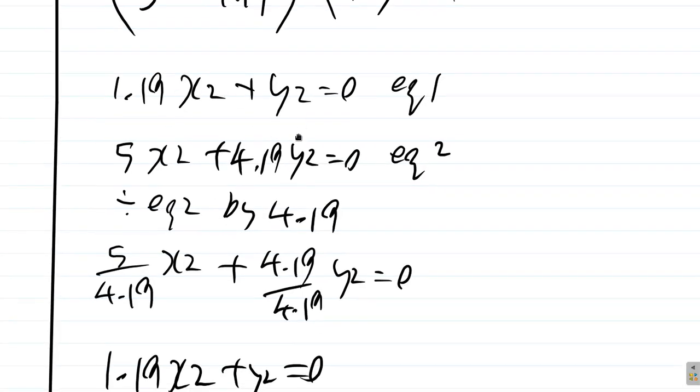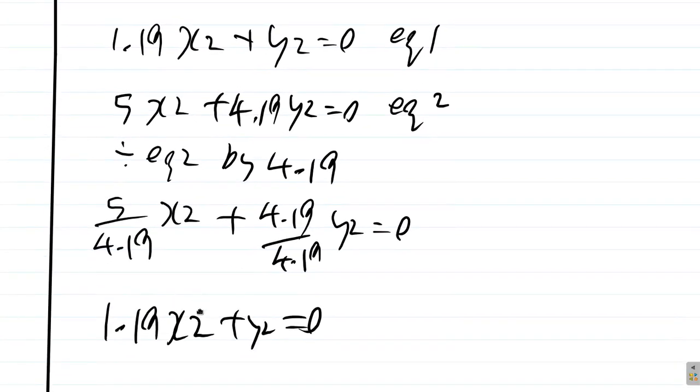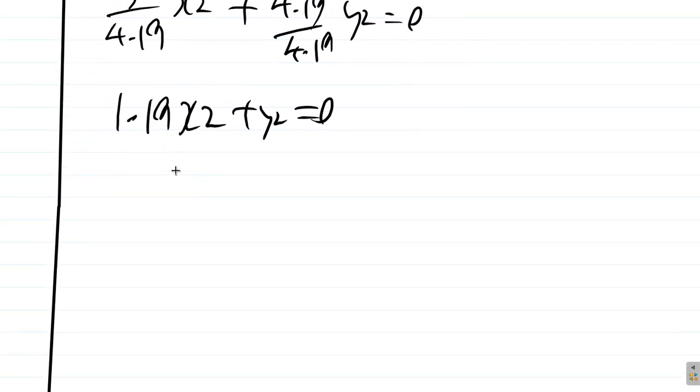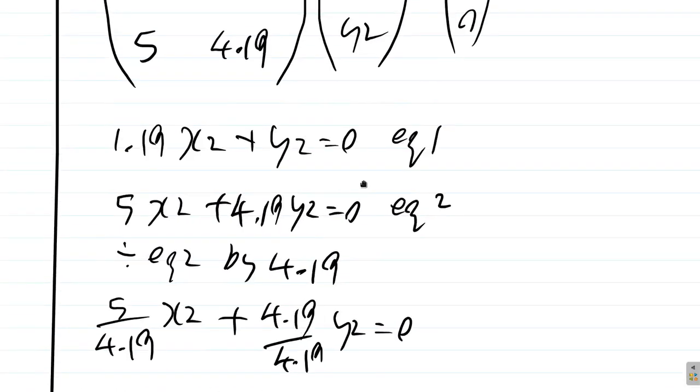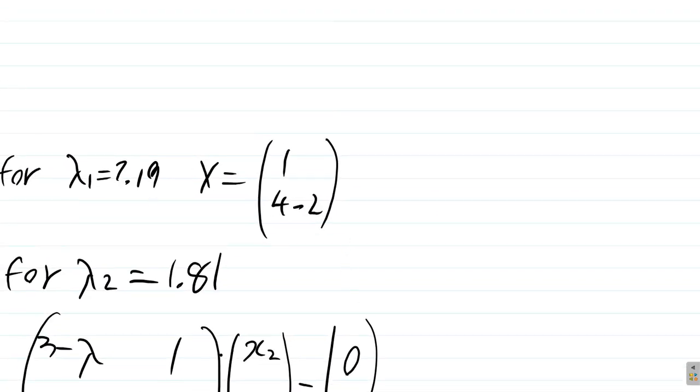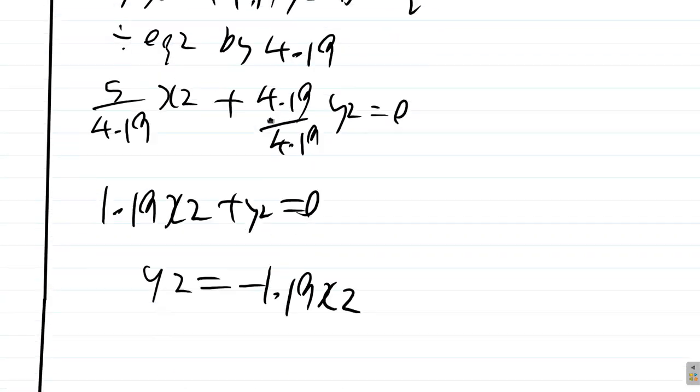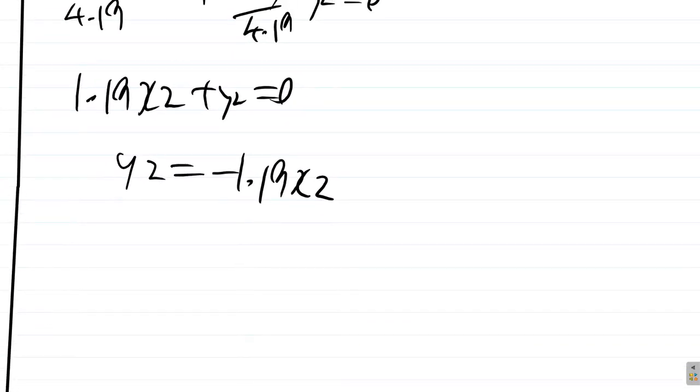Same thing, so they are the same. By the way, I keep seeing the 1.19 turn up. I had said 4.2 looks neater than 4.19, but with all of these, let's keep 4.19 just for consistency throughout. It looks more uniform. So y2 is negative 1.19 x2.